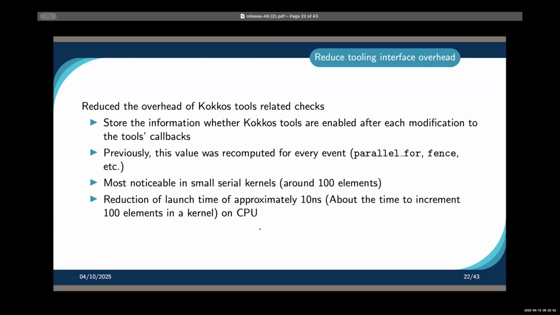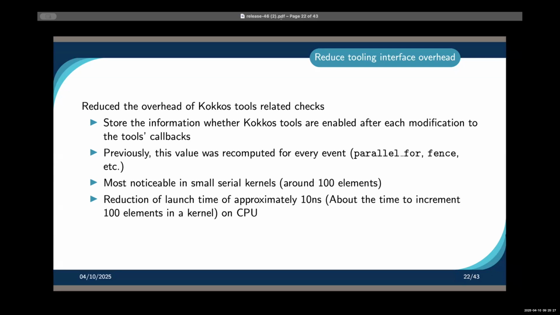We've reduced the tooling interface overhead. Previously, we would need to compute the information of which tools were enabled for every single event, so for every parallel for or fence or similar. Now we just store that information, which we can then query during the events. It's most notable in small serial kernels.